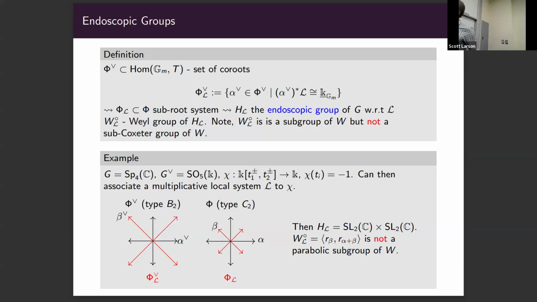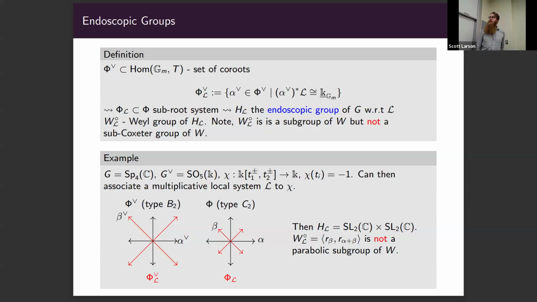Anyway, here's a very motivating example: we take G to be Sp4, G check will be SO5. We can define a character on the torus, where we assign a character on the fundamental group of the torus which takes both the generators to -1. So this has degree 2.